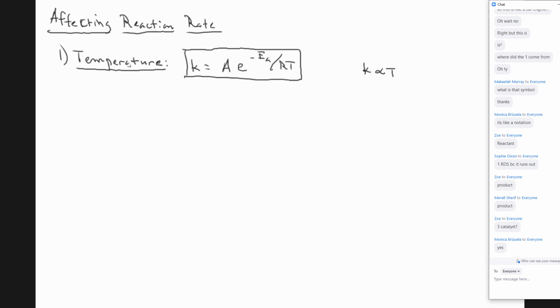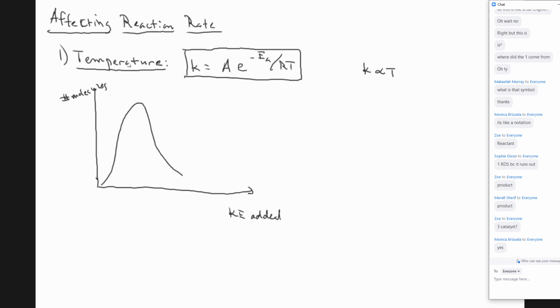You typically see this Boltzmann distribution, where you have the number of molecules when you talk about temperature. And then the x-axis is kinetic energy added, i.e. what is the temperature that you've added to the system. So there's a lot of molecules at a lower temperature. This is T1.